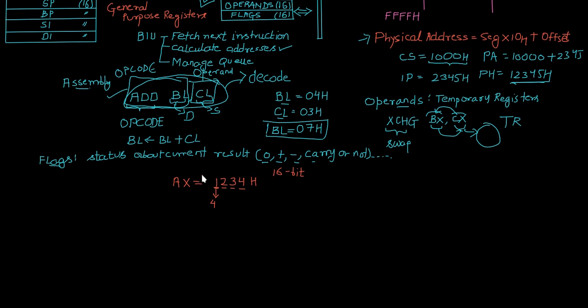The reason why we have divided AX into AH plus AL is that it is used to manage the lower and the higher bits. So when you divide this 16-bit instruction into two 8-bit parts, this one is known as the lower byte and this one is the higher byte, because 4 plus 4 gives you 8 bits, so 8 bits is 1 byte.